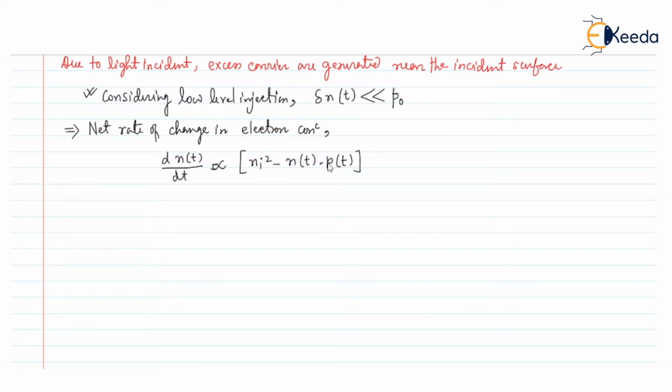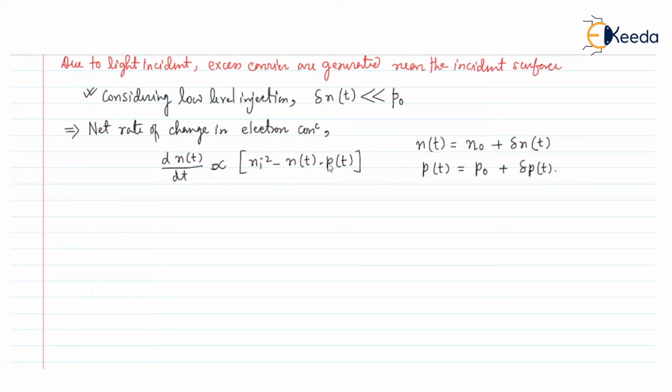Here ni is the intrinsic carrier concentration, and n(t) is the total electron concentration, which before the incident light was n0. After incidenting light, some excess electrons have been generated, that is delta n(t), and p(t) will be p0 plus delta p(t). This is the whole carrier concentration.